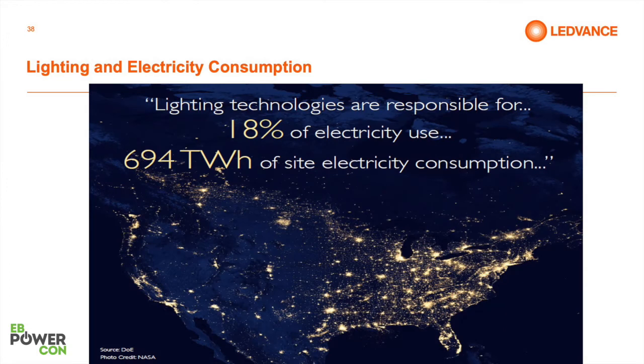And then I just wanted to include this. Lighting technologies are responsible for 18% of electricity use, and you can see this map. The eastern seaboard is incredibly bright. Some of that could probably be controlled a little better.